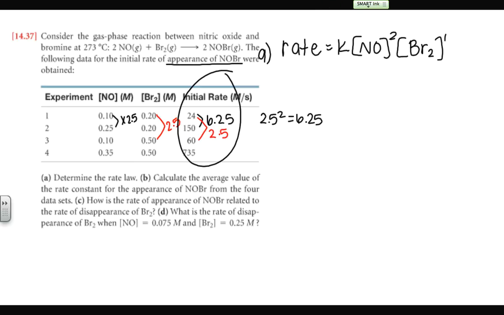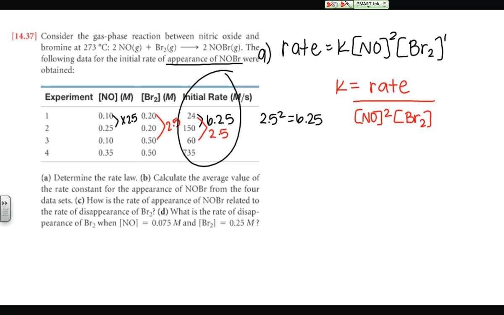So I'm going to rearrange my equation so that K, which is what I'm looking for, my rate constant, is equal to the rate divided by the concentration of my NO squared times my Br2.